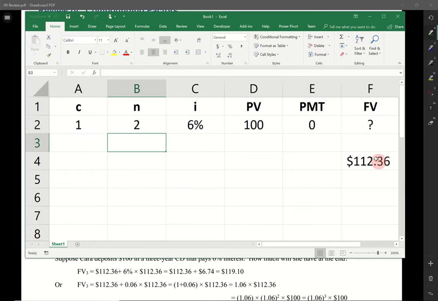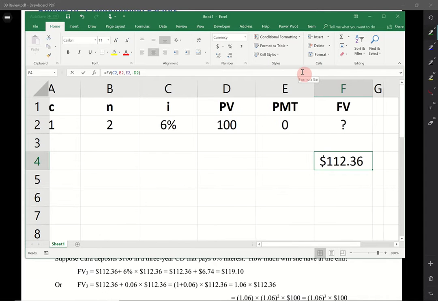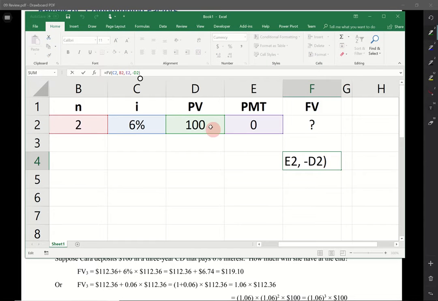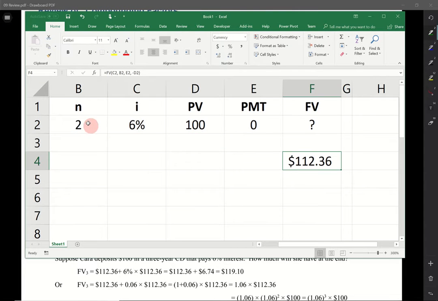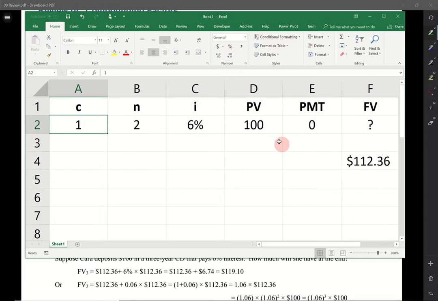And so it updates now, because our formula used the 2 as n. Since we referred to the cell, once we change the data cell, the formula is updated, right?